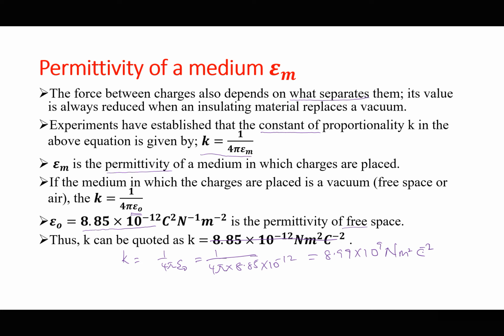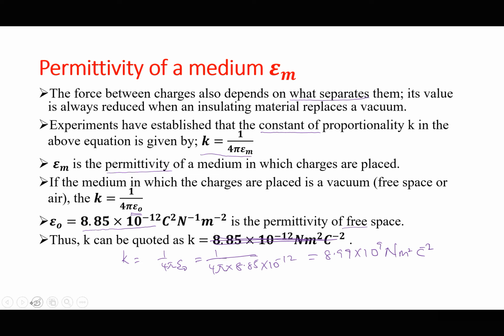It's 8.99, not 8.85; that one is epsilon naught. So that is the quantity K, and in our calculations we can always use it to find the force between two point charges.